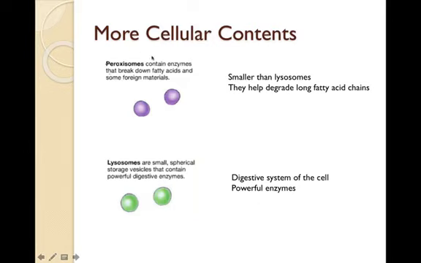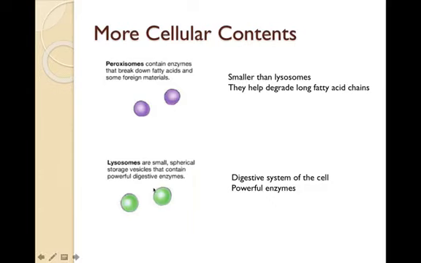There are some other cellular contents. There's peroxisomes. Peroxisomes help with fat metabolism. They help degrade some of the long fatty acid chains for use within the cell. Lysosomes are a little bit bigger than peroxisomes, and these lysosomes are really the digestive component of the cell.